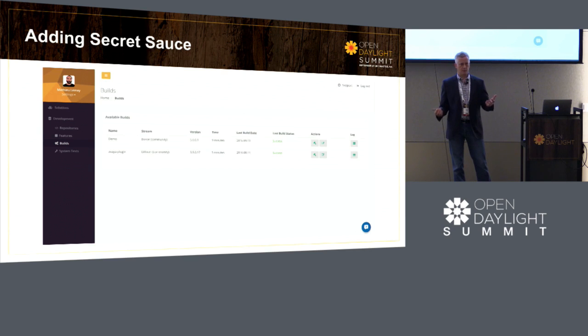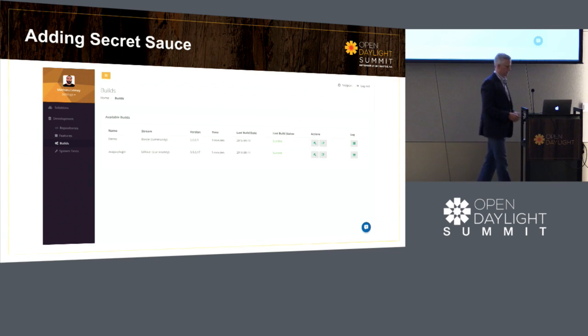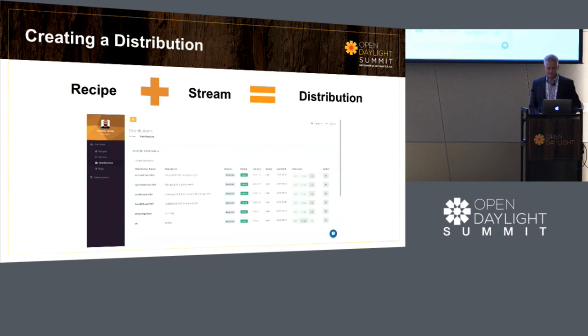So the recipe becomes not only what is specific for this use case for ODL, but it could include, say, additional security metrics or specialized clustering, load balancing type of support, etc. So that's where you can add that in.